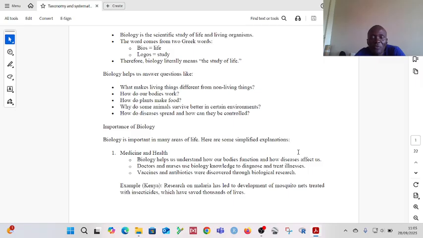So people who work in the health sector, those are doctors, nurses, clinicians, they use their knowledge in biology to diagnose and also treat illnesses. We have vaccines, we have antibiotics, all this, their discovery was made possible through biological research.